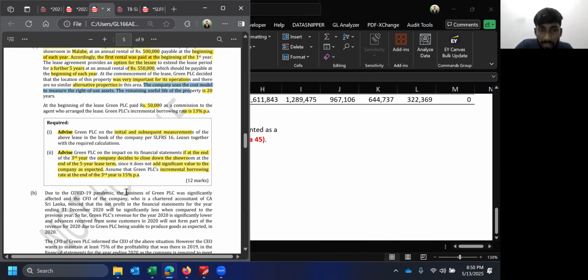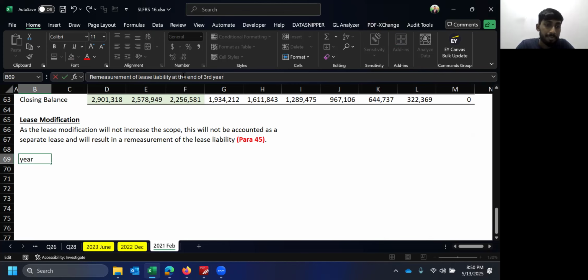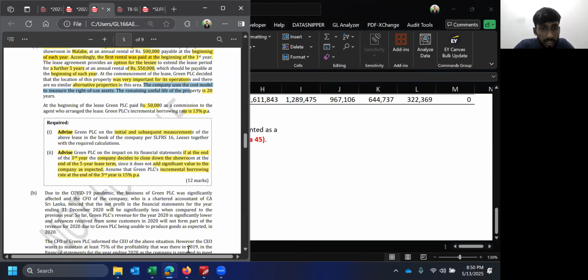Okay, at the end of the third year, no? So now what I am doing is remeasuring the lease liability at the end of the third year.